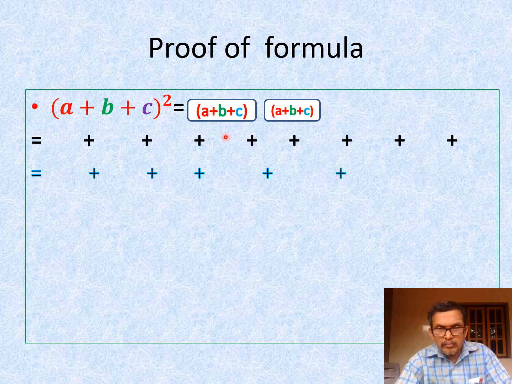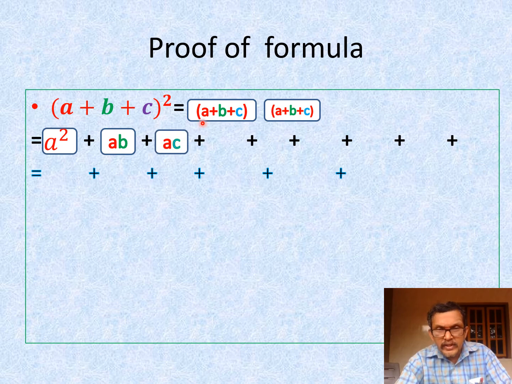You know how to multiply algebraic expressions. a into a, you will get a square. Similarly, a into b, you will get ab. a into c, you will get ac.